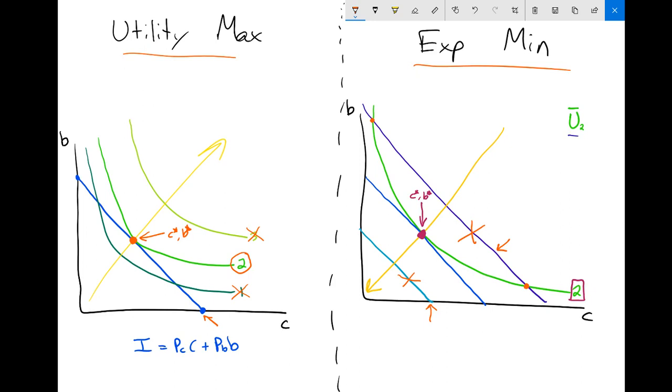And so you're choosing the bundle that gives you the most utility given a fixed budget constraint. With expenditure minimization, it's the opposite. We're choosing C and B that minimizes the expenditures. That means expenditures are changing given a fixed amount of utility.